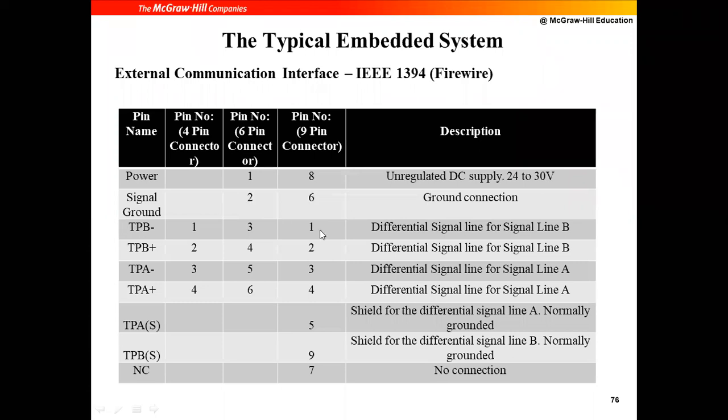If we consider the 9-pin connector, along with the power and ground pins, we have three different connections: TPA and TPB, which indicate a shield for the differential signal line.